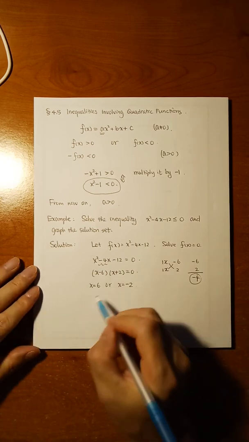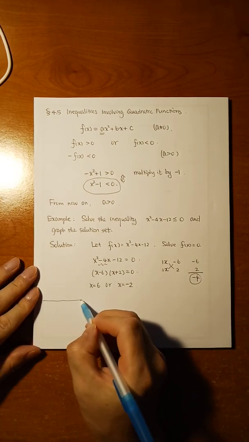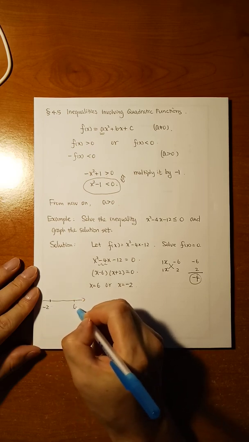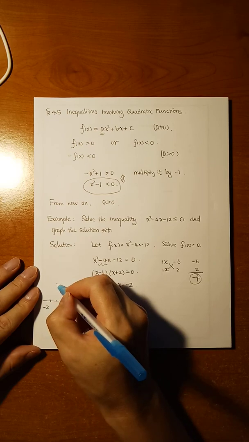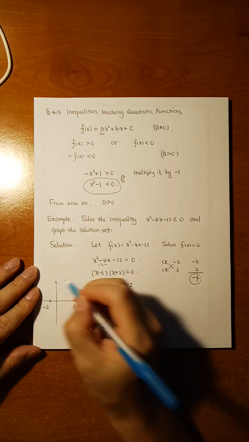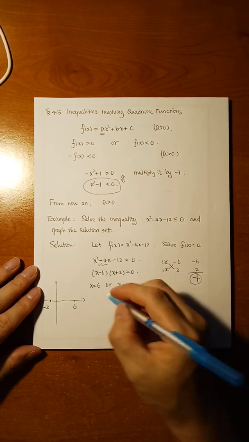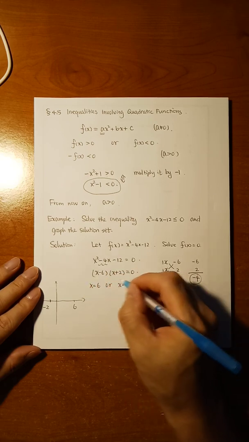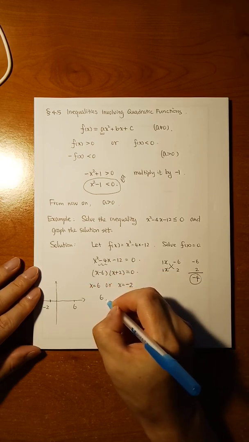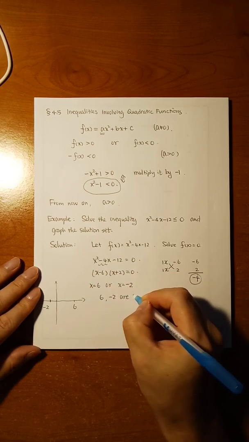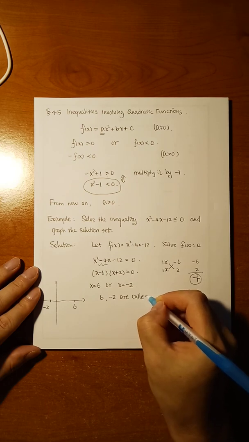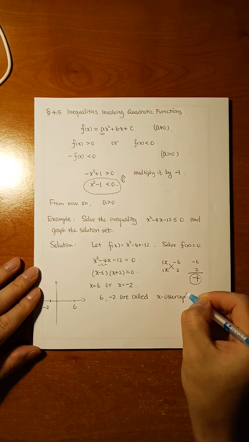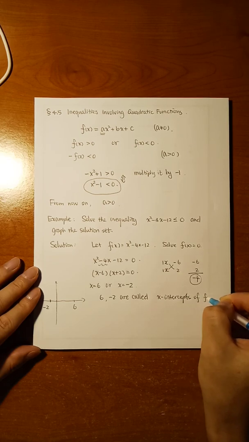All right, so when you have two solutions, -2 and 6, these two solutions are called x-intercepts of the quadratic function f(x).